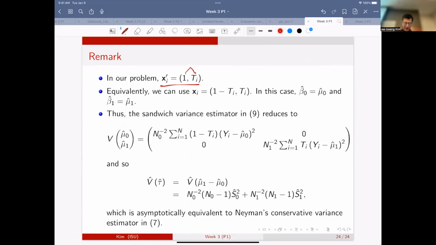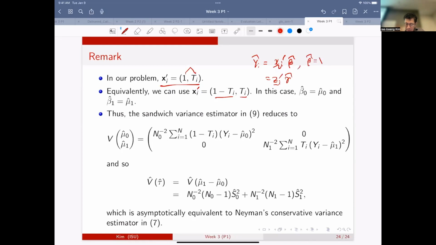If you write it this way, the prediction does not change as long as the basis functions are the same, right? So if you write it this way, let me write it.